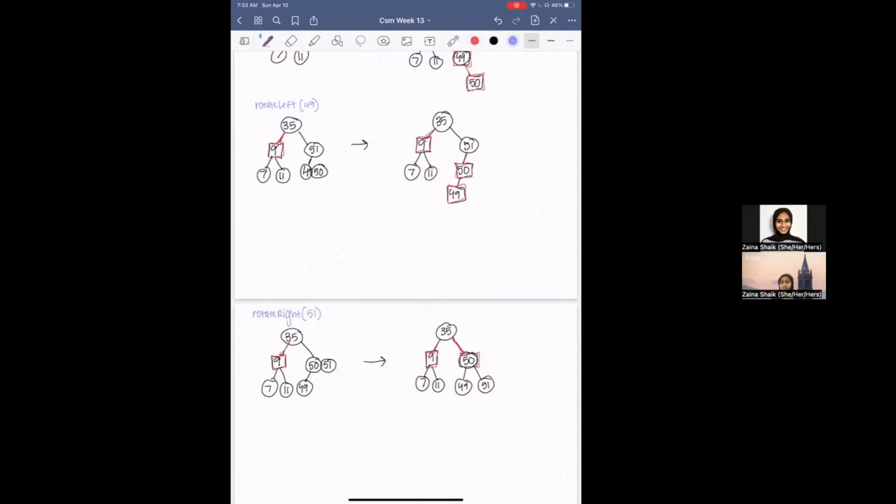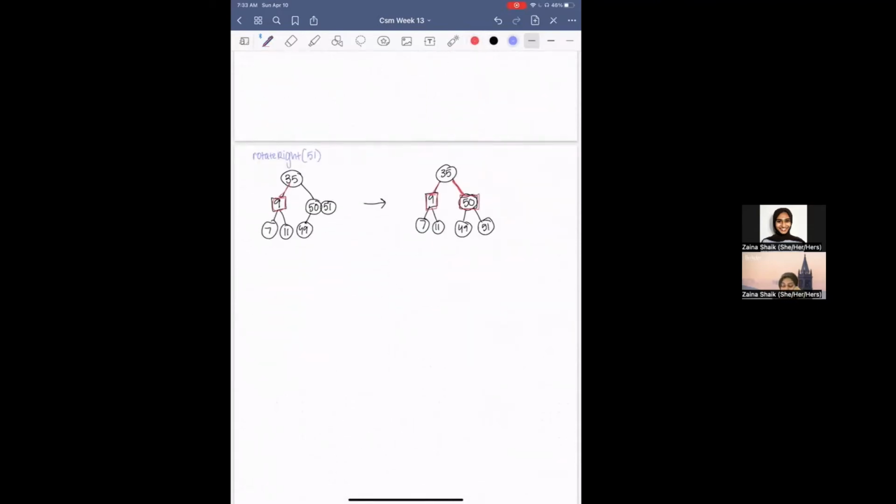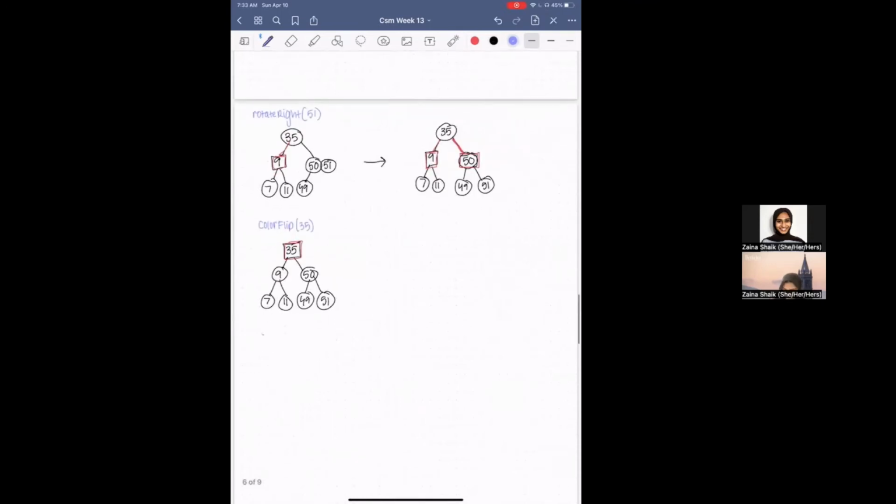Okay, and then now we have another violation. We have two red nodes as children for 35. So we can color flip 35. And then since 35 is our root, we can actually color the root black.